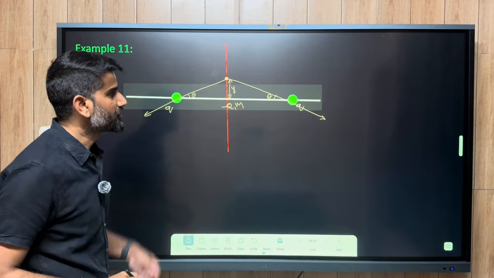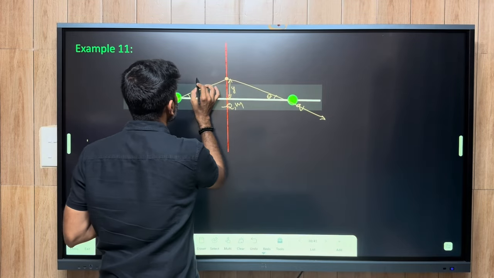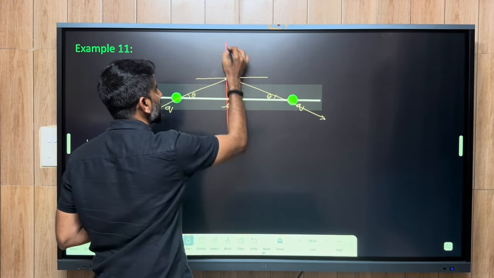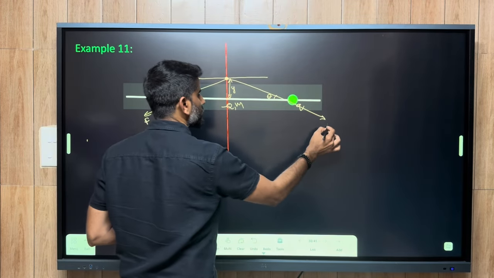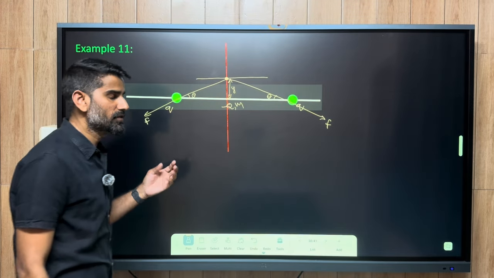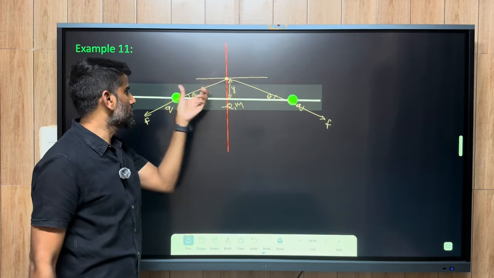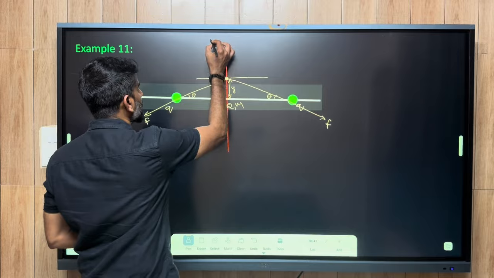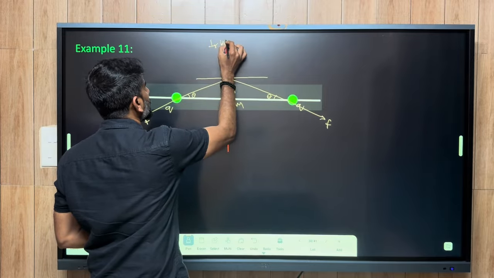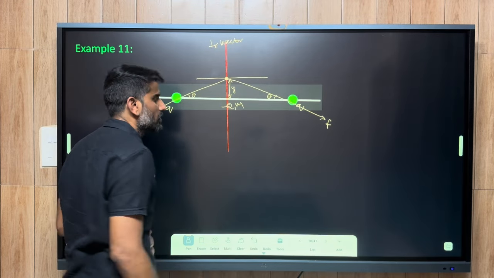Now what I am going to do is I am going to draw the x-axis and y-axis. This is y-axis, this is x-axis. Now if this force is F, this force is also F, since the charges are same and distance is also same. Okay, right. Perpendicular bisector.